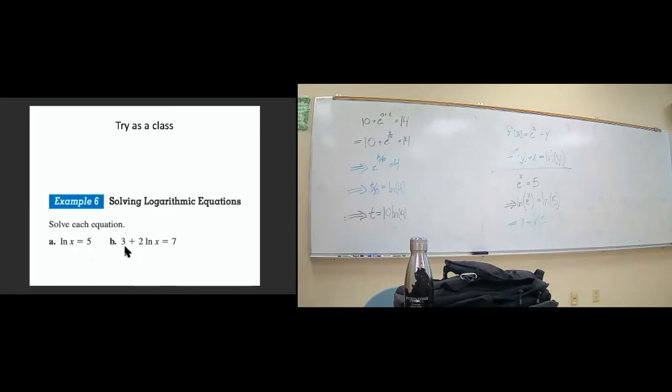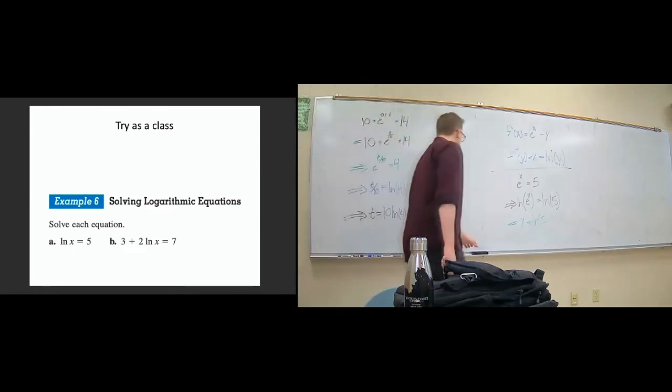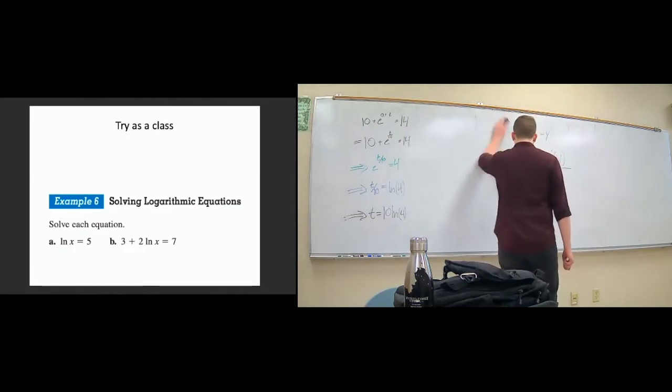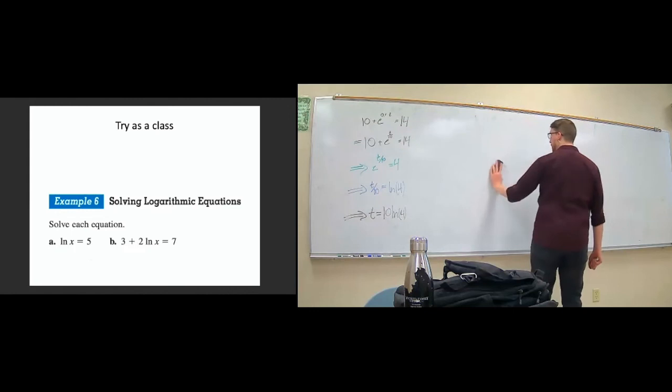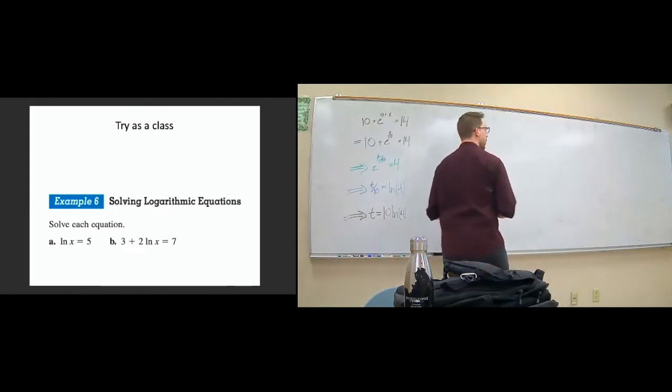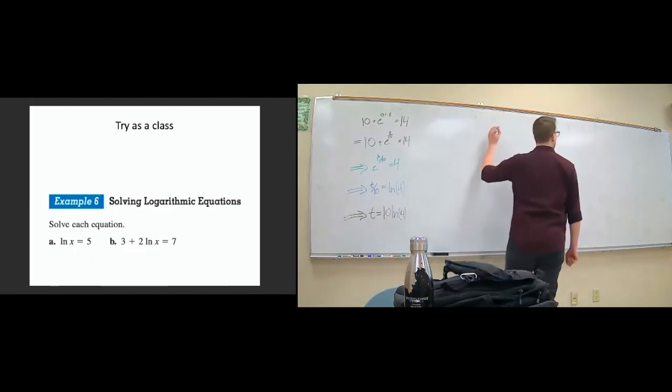Now, in the case of b, there's a couple of different ways we could do this. I'm going to show you the long way, and then I'm going to show you the short way. So with b, we've got 3 plus 2 times the ln of x is equal to 7.